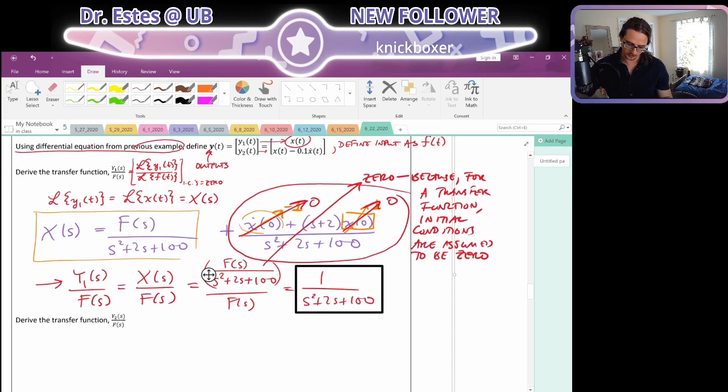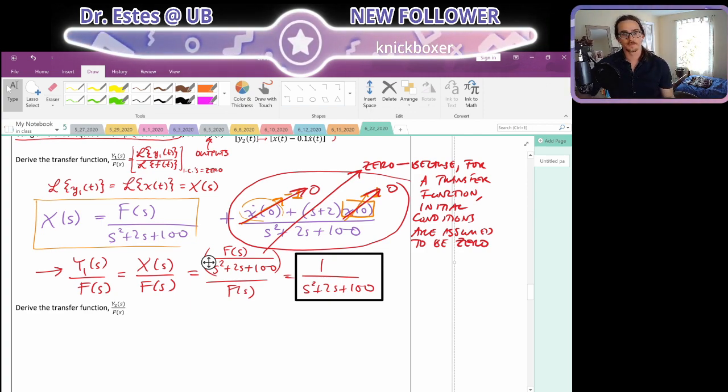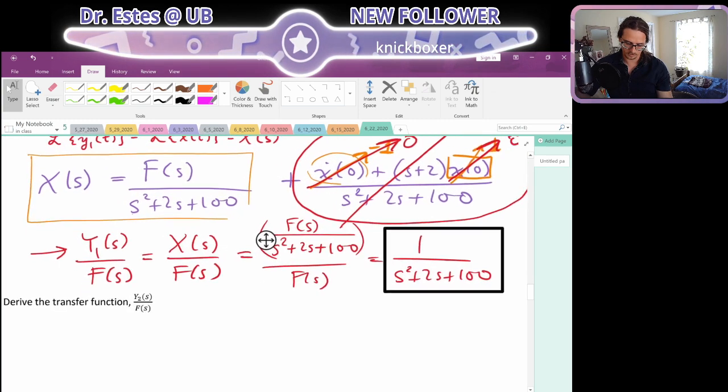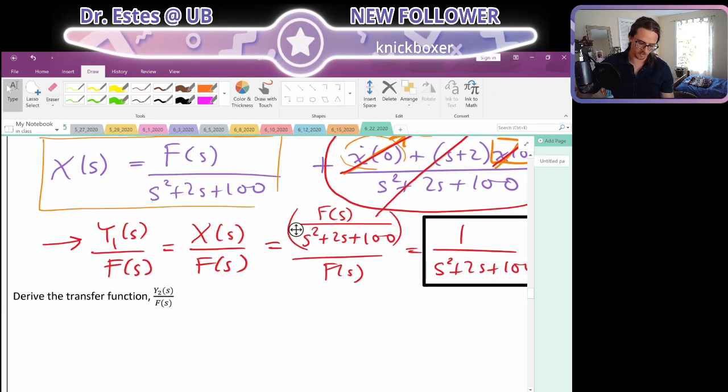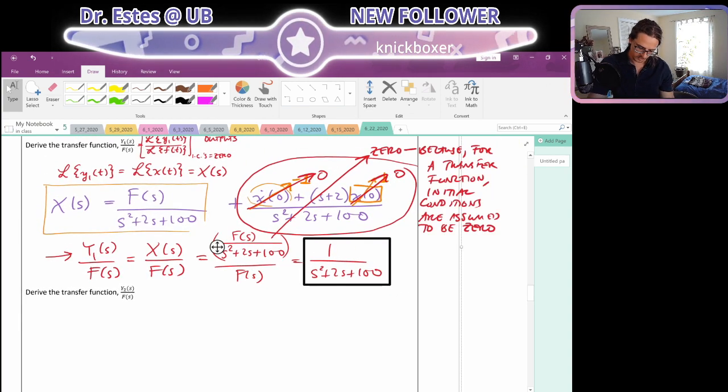All right, let's do this for our second output. There's a separate transfer function for that one: y2 of s over f of s. Let's do the same thing.